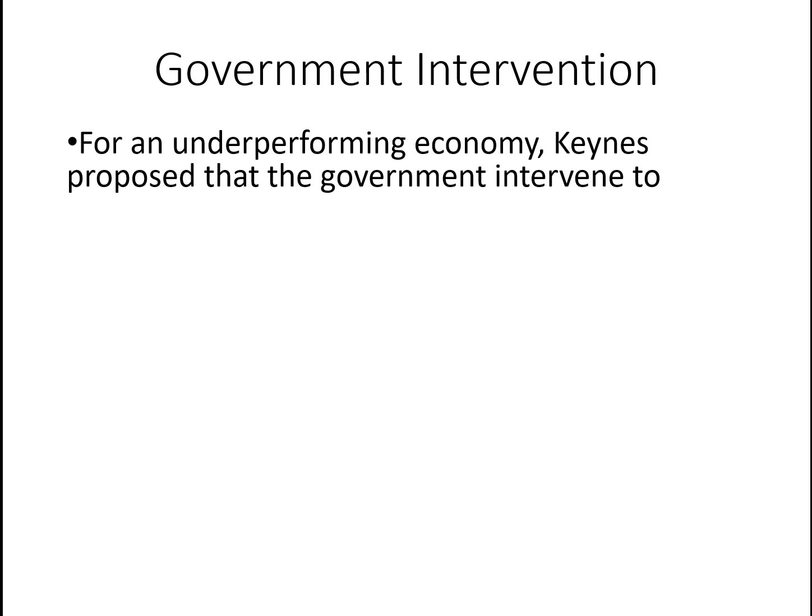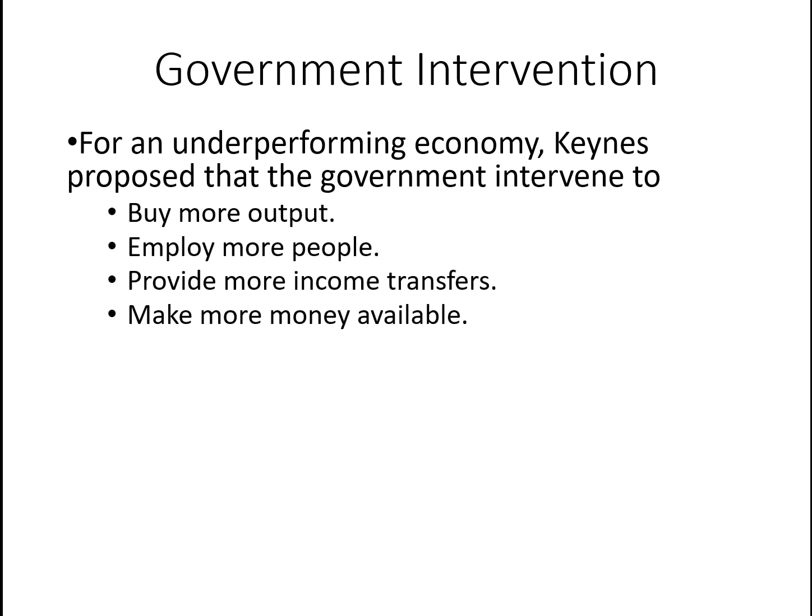So how can the government intervene in those scenarios to pull the economy up? What they can do is buy more output. Like in many agriculture experiences, when there is not enough demand, to help the farmers, the government sometimes will buy their product.